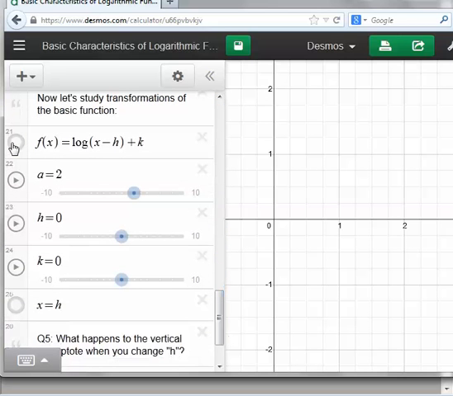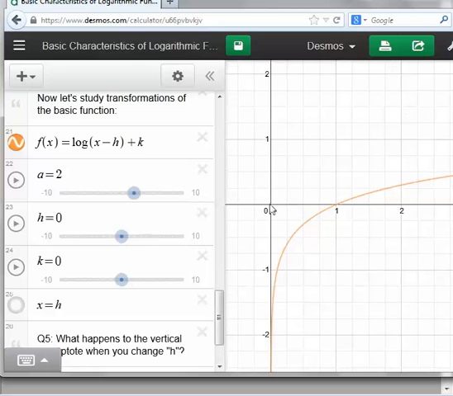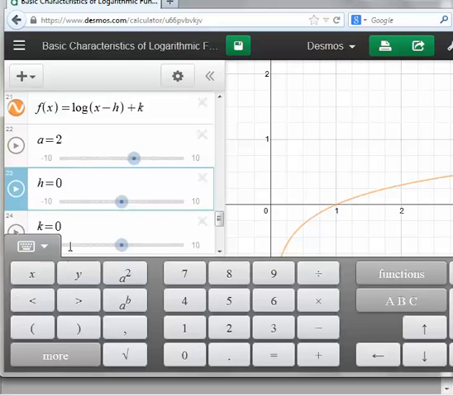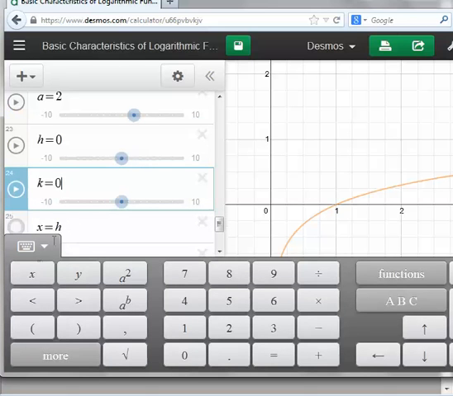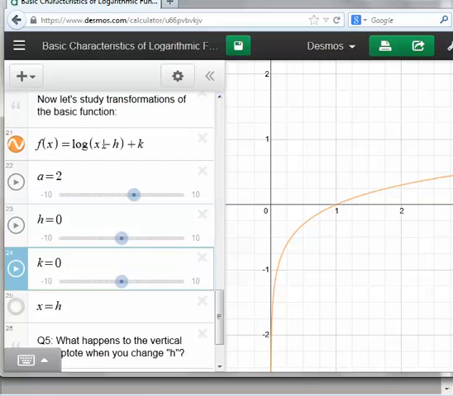In this case, for different values of h and k, you have these functions. So right here, the one that you're seeing is when h is 0 and when k is 0. So this is basically the function log of x.